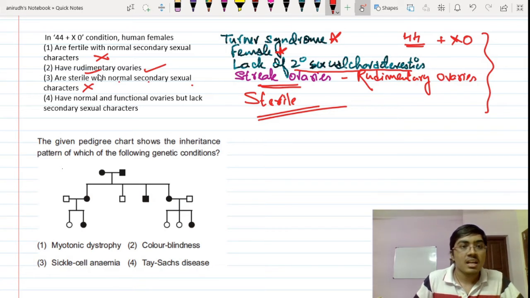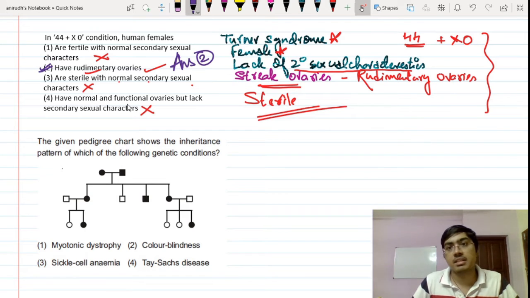Have normal and functional ovaries? No, this is wrong. Both ovaries are rudimentary, and this person lacks secondary sexual characteristics because she is devoid of one X chromosome. So this is also a false statement. My correct answer is option 2. For this question, I will be marking option 2 as the correct statement.